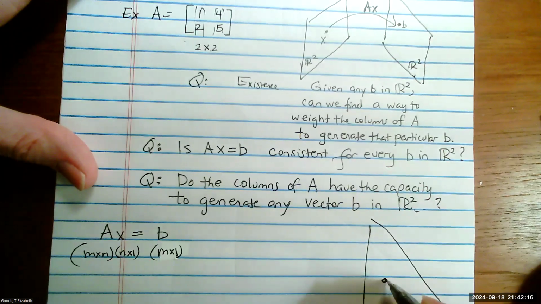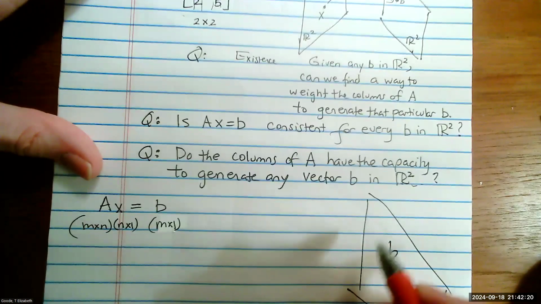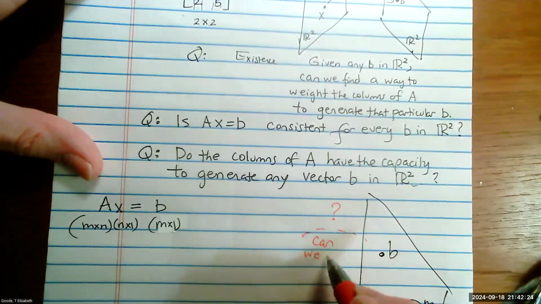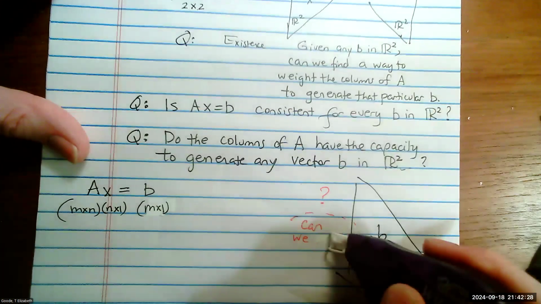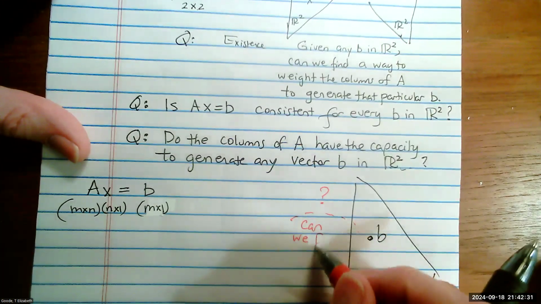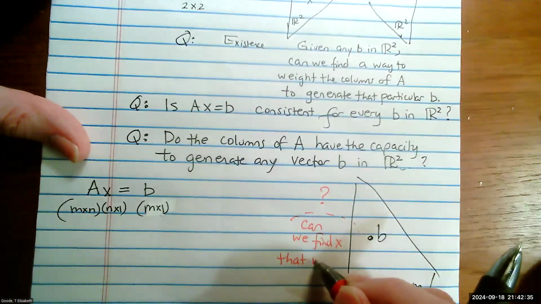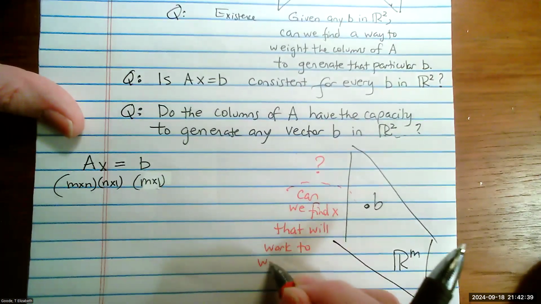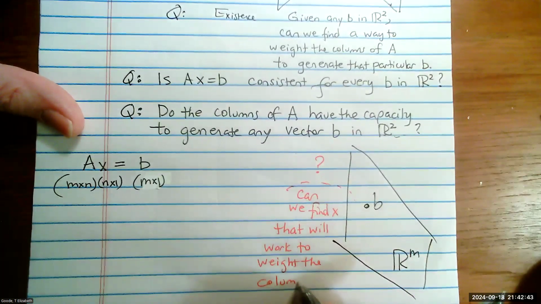We start with a B here in R^m, and then we ask, can we find X that will work to weight the columns of A to produce B?